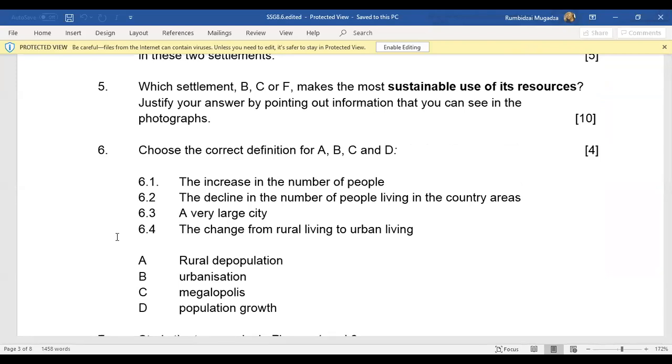6.2, the decline in the number of people living in the country areas. Which answer do you think is correct for 6.2?